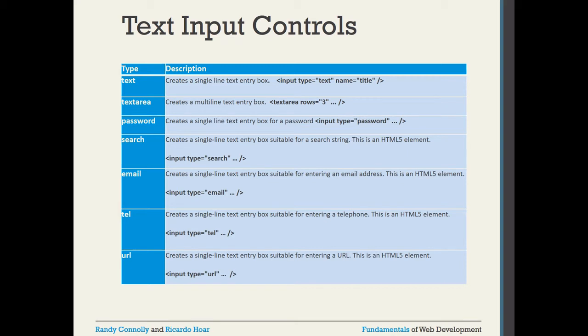Another is input type equal to tel, which is suitable for telephone numbers only. Another is input type equal to URL, where the browser will check the URL format in the single line. These are the most important input type controls. This is important for your examination; they might ask you to explain the text input controls, so you have to explain all of these things.